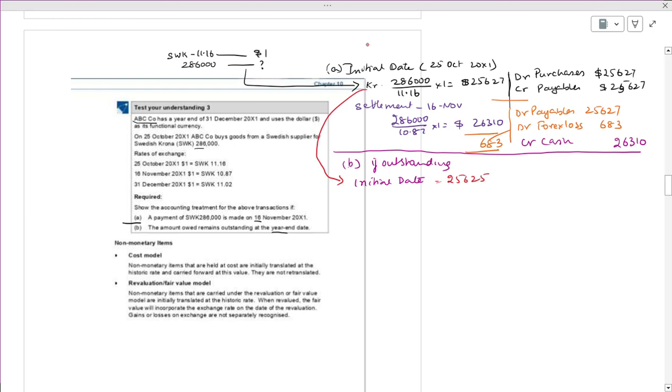We have to know the value as on 31st December. I'm doing it in a shortcut. 286 divided by how much is there? What is the value? 11.02 per $1. How much will you get?